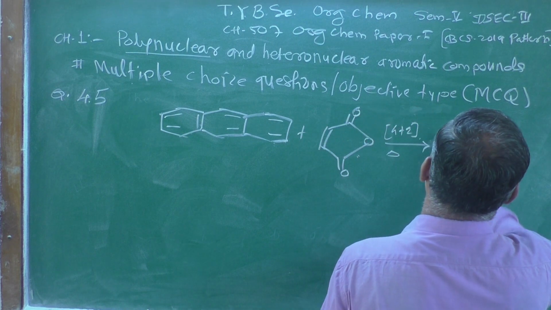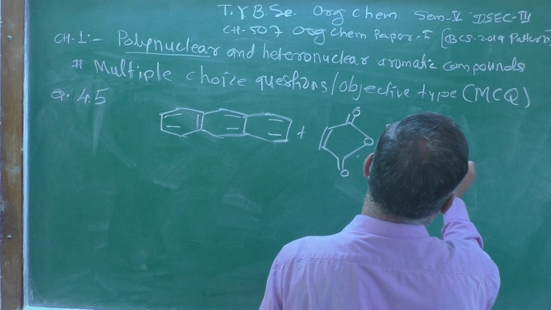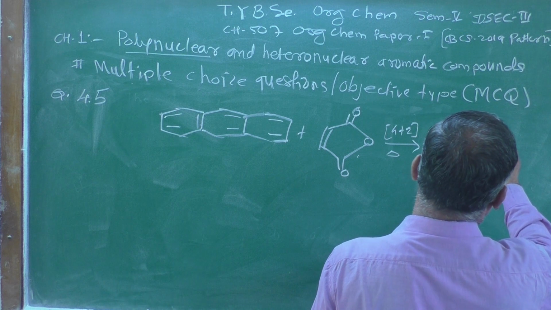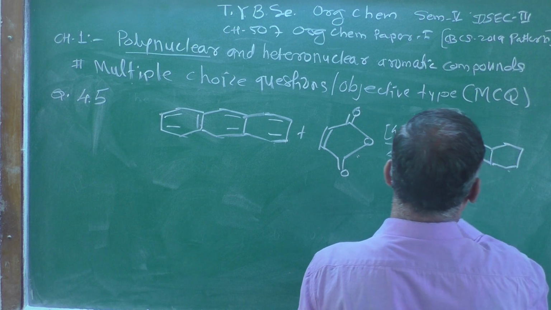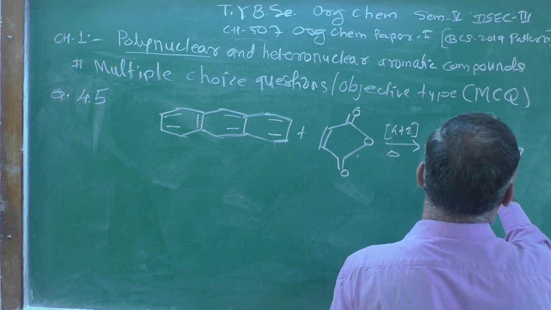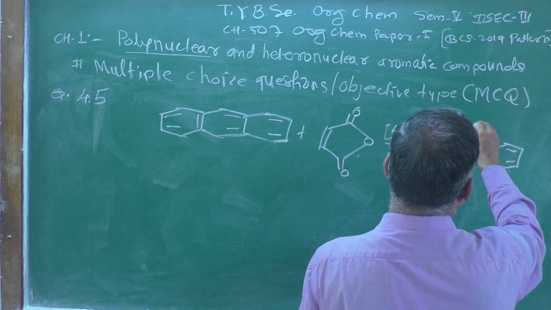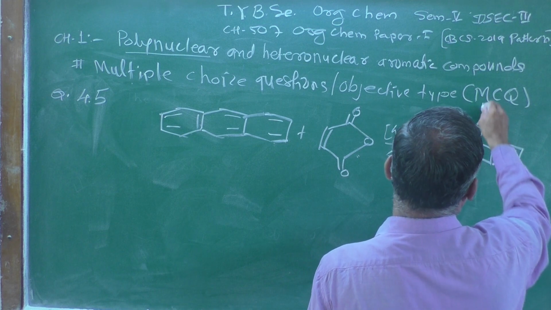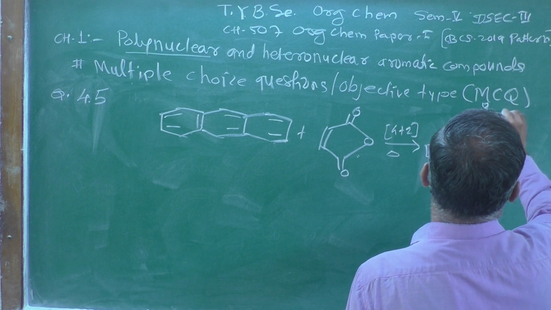Let me make the correction over here. This is one ring, another ring, this is one more ring, and here C double bond O, C double bond O, oxygen.